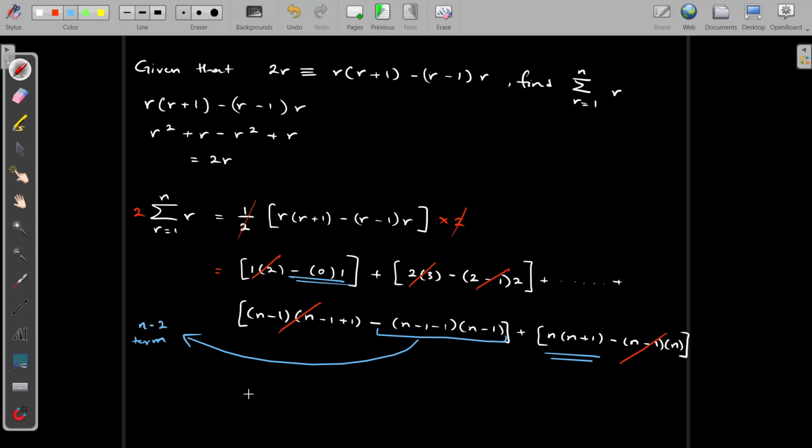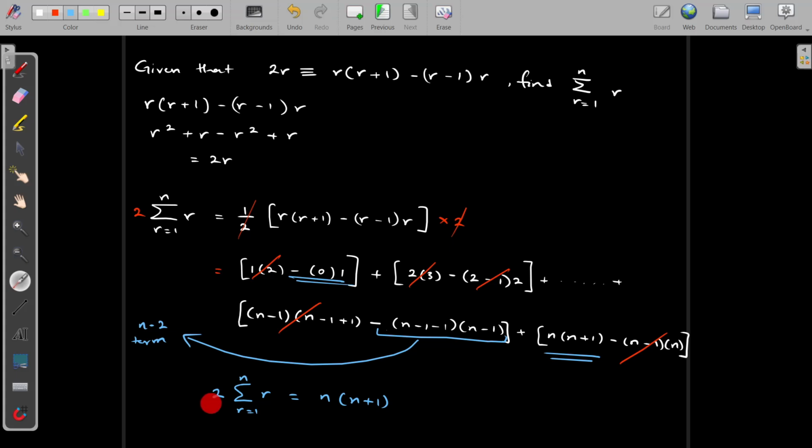So that means on the right hand side over here, 2 times the sum when r is equal to 1 is equal to n times n plus 1. And then remember, what they wanted us to find was this with just the r.